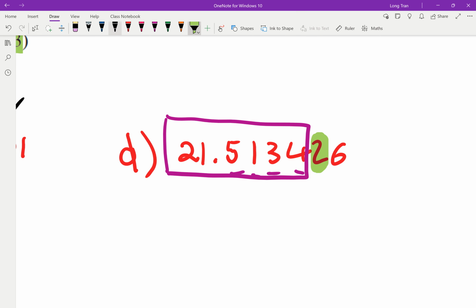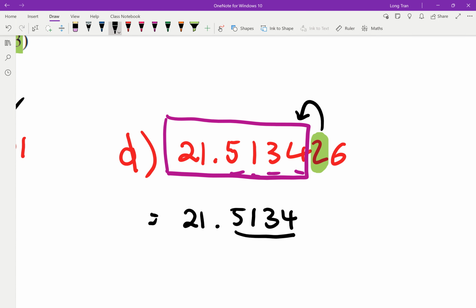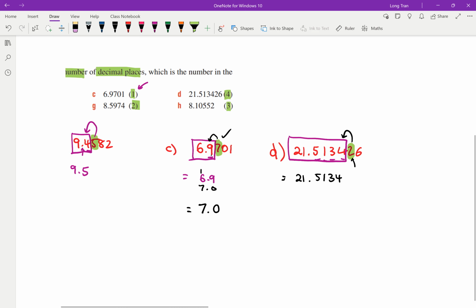If that's 5 or more, then you'd increase this one. Right now I've got 21.5134. What I'm not sure about is whether it's closer to 5134 or to 5135. But we can see that 2 is less than 5, so you don't need to change it. It's actually closer to 5134, so I leave my answer as is.